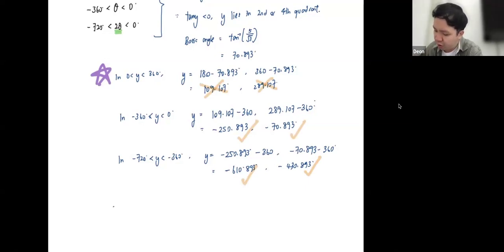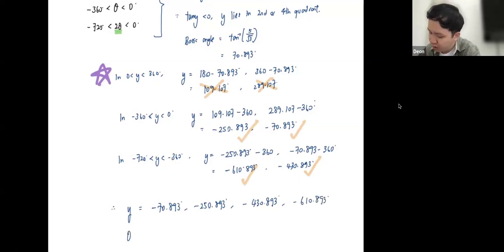Okay, so therefore, y is -70.893, -250.893, -430.893, -610.893. Okay, and then I know what theta is, because this is 2 theta, right?